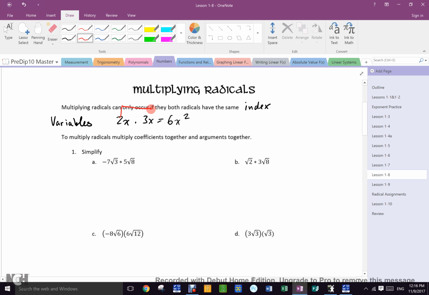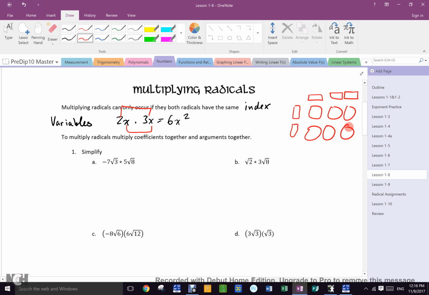The numbers go with the numbers, the variable go with the variable, yes? Because what is actually happening there is I have 2 x's and I am multiplying them by 3 x's and I'm getting 6x squareds, yes?